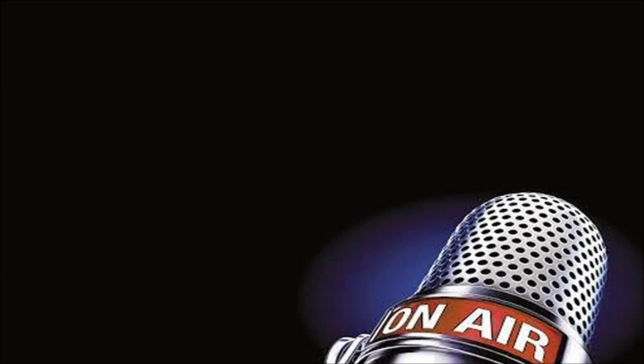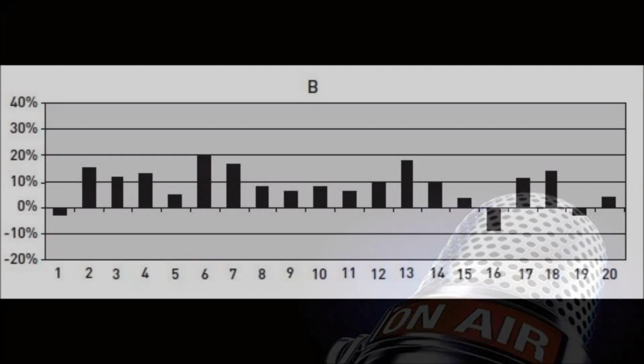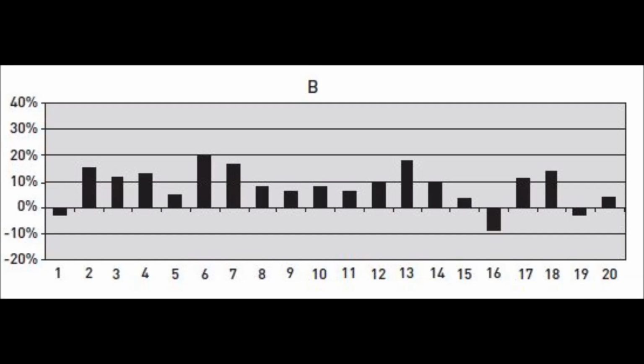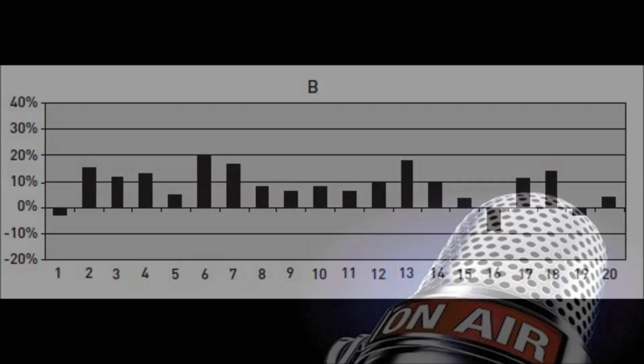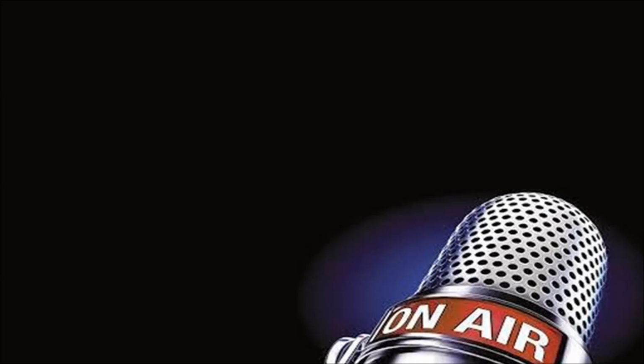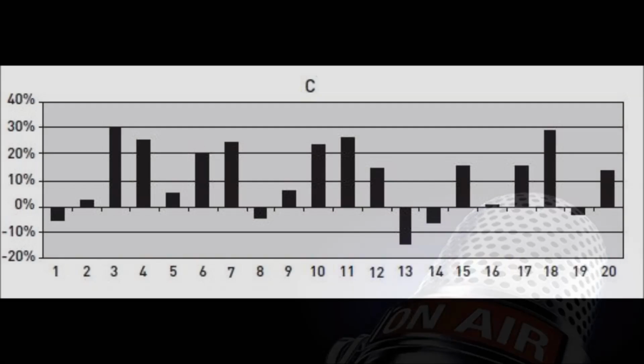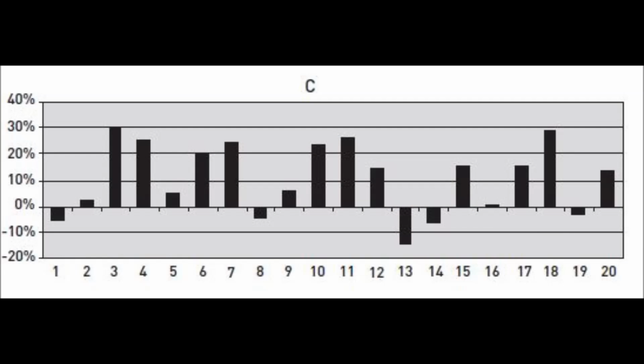Portfolio B, coming up now, earned an average annual rate of 8%. That's pretty good. And in its best year, it earned 20%. But it also lost in 3 years. Its worst year was a loss of 9%. That's chart B. Moving on to chart C, that's my portfolio C, you can see there that it earned an average annual growth rate of 10%.